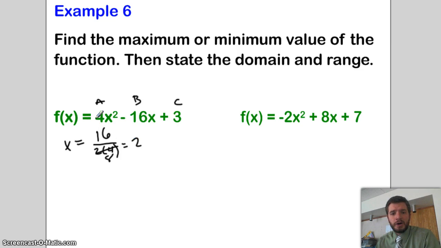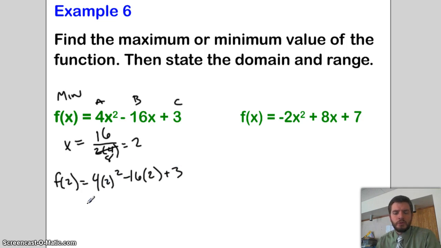Now we know that A is positive, so this is going to be a minimum because it's facing up. That's my x value, and now I need to find the y value. So f of 2 is 4 times 2 squared minus 16 times 2 plus 3. 2 squared is 4, 4 times 4 is 16, minus 32 plus 3. 16 minus 32 is negative 16, plus 3 is negative 13.